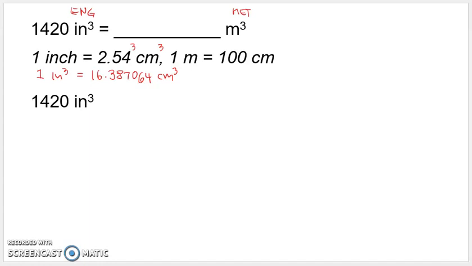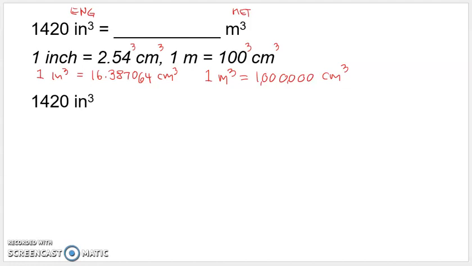Cube everything. 1 meter cubed, so 1 cubed is 1. 1 meter cubed equals 100 cubed. 100 cubed is 1 million centimeters cubed. So I've converted my linear factors; now they're essentially volume factors.